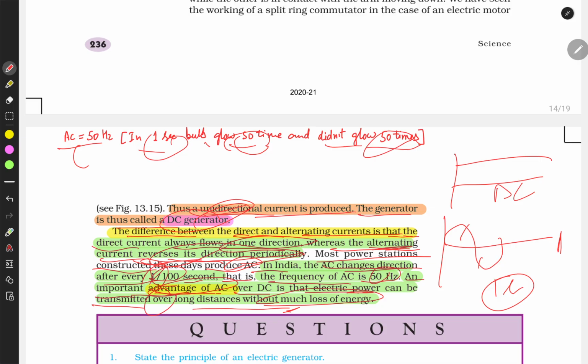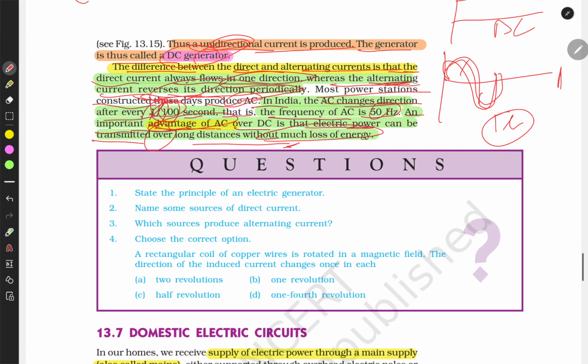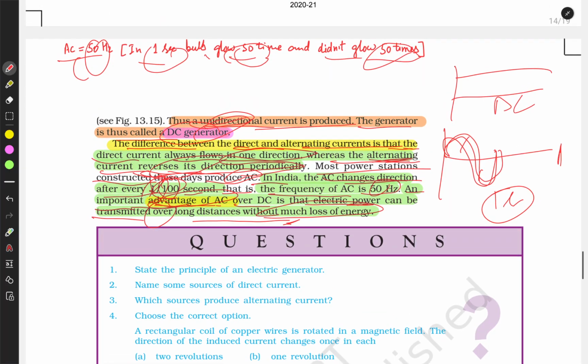That is why when it is changing direction 100 times, its frequency is 50, because one complete cycle is called 1 hertz. So when it changes direction 100 times, 50 times it will glow, the positive, and 50 times it will not glow.